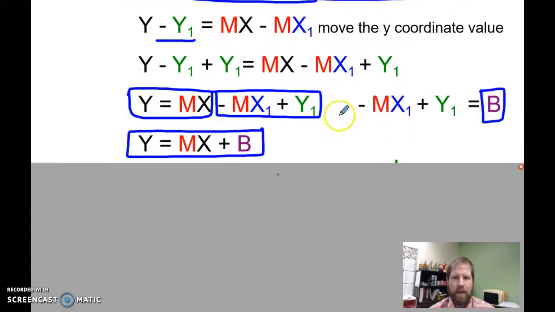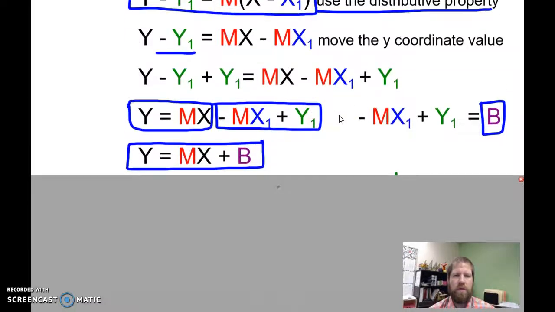If you want to try and remember this, negative slope times the x value plus the y value equals the y-intercept, you can, but it's pretty tricky. It's often easy to make mistakes, especially with that negative value, and with the x and y coordinates.